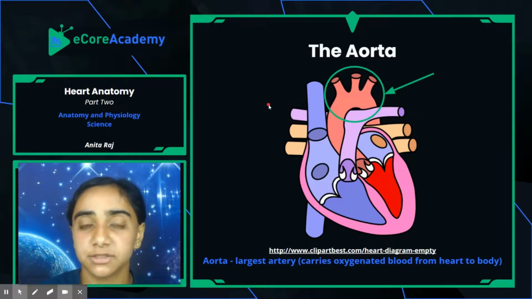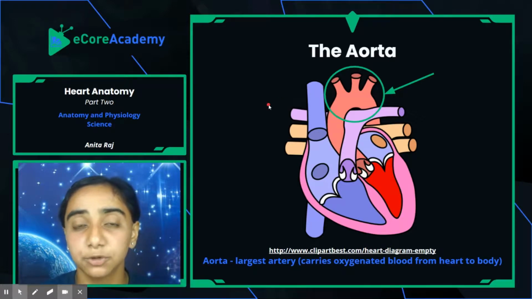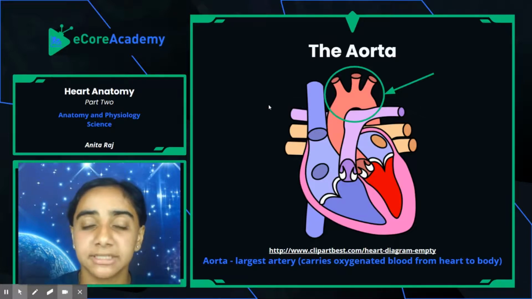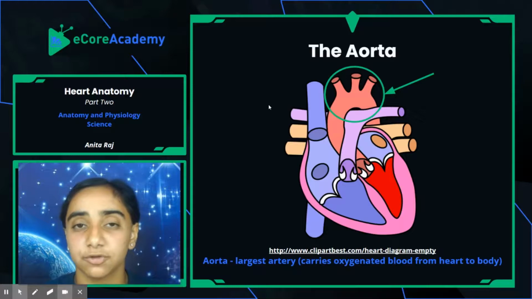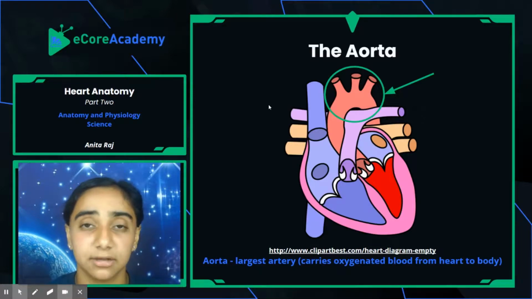So remember, veins bring deoxygenated blue blood back to your heart so that it can get oxygenated, whereas arteries take blood away from your heart, oxygen-rich and nutrient-rich blood that cells need that are dispersed throughout your body. So your aorta is your largest artery. It's right here.